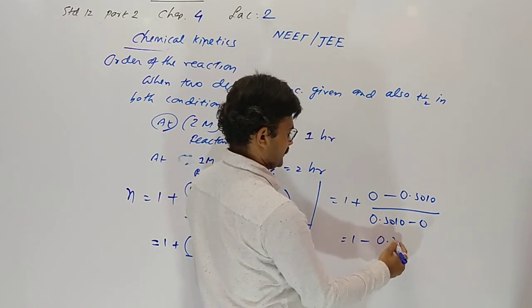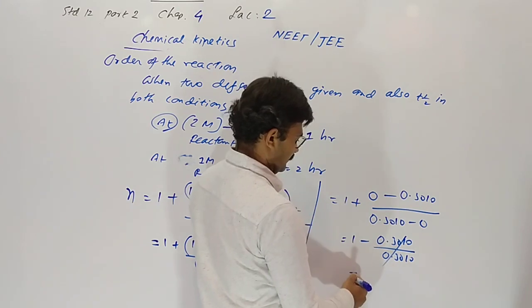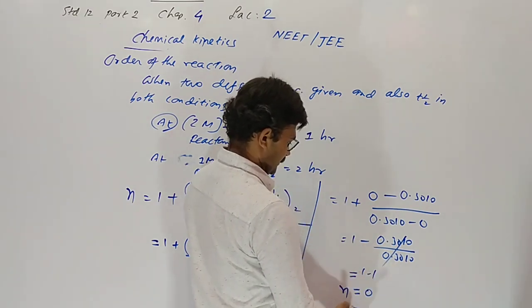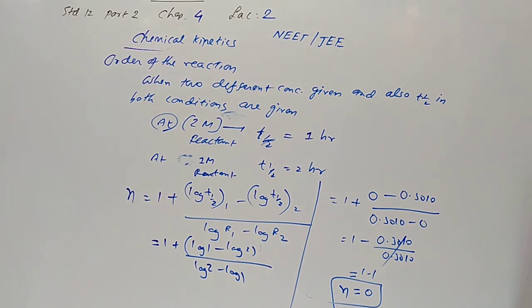So 1 plus (0 minus 0.3010) divided by 0.3010 cancels out, so our order of reaction is 0. We can define it using this formula.